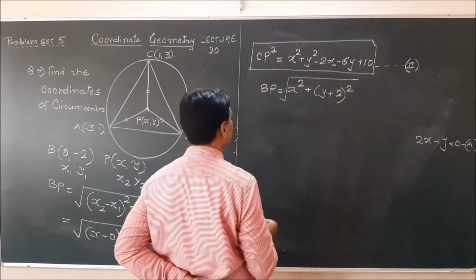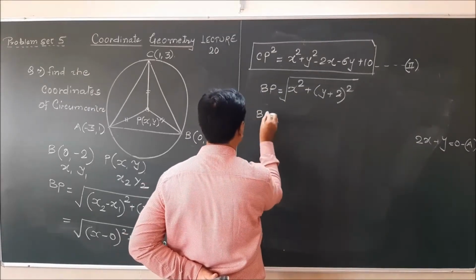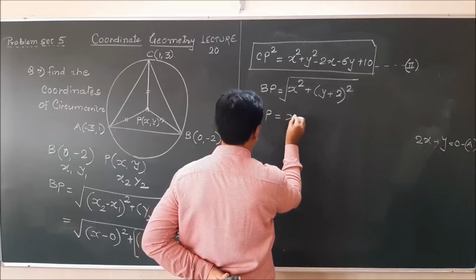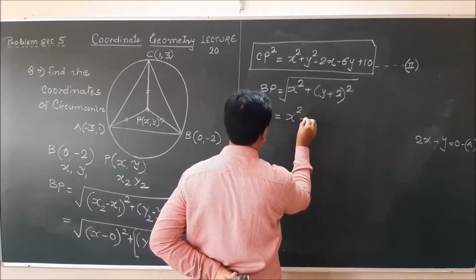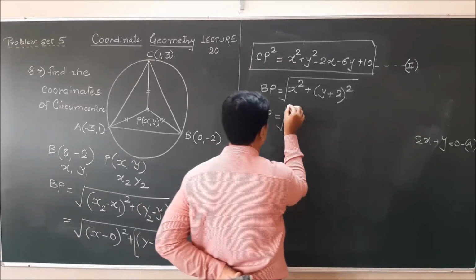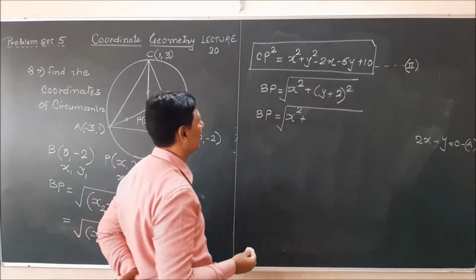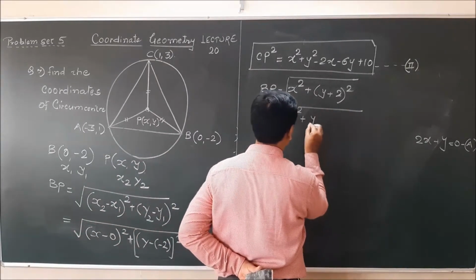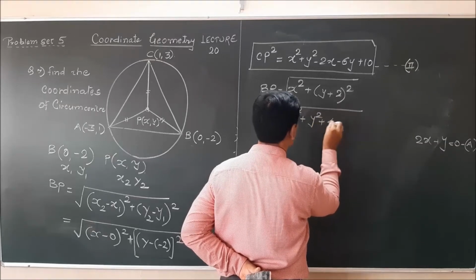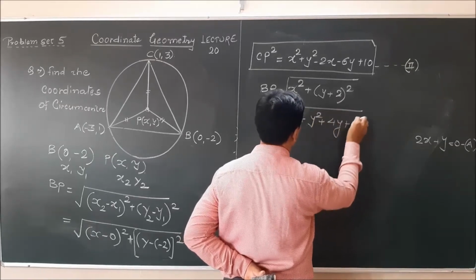Right? So that will give us BP is equal to square root of x square plus, in the square root sign only. So far I have not squared it. So I will get it as x square plus y square plus 4y plus 4.